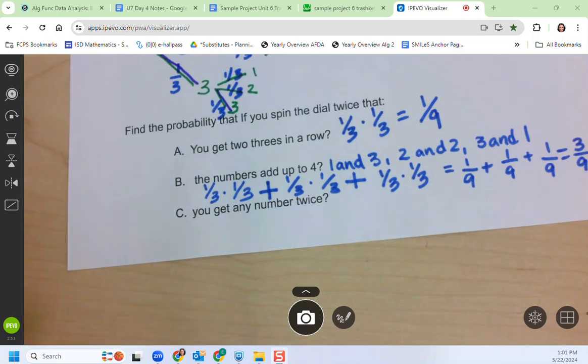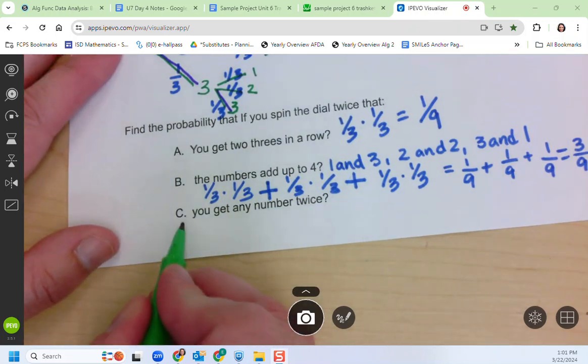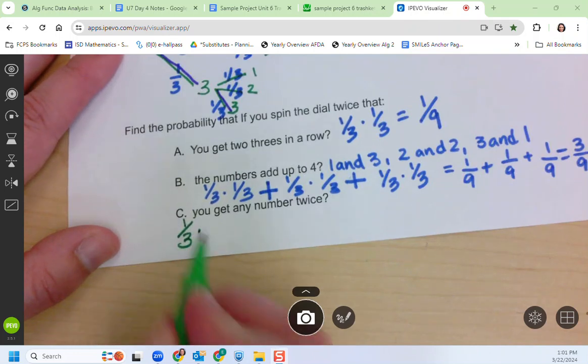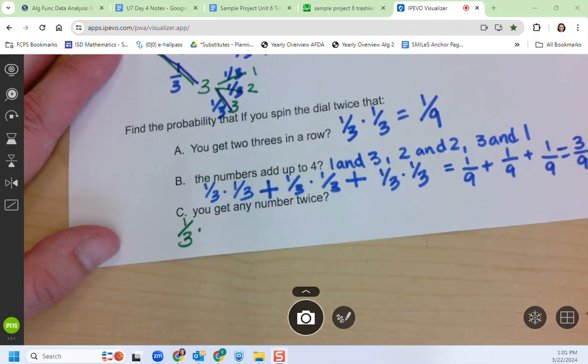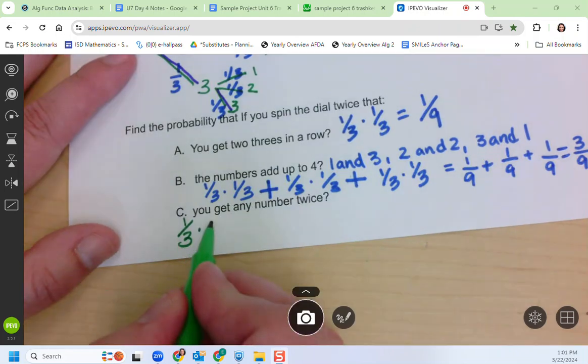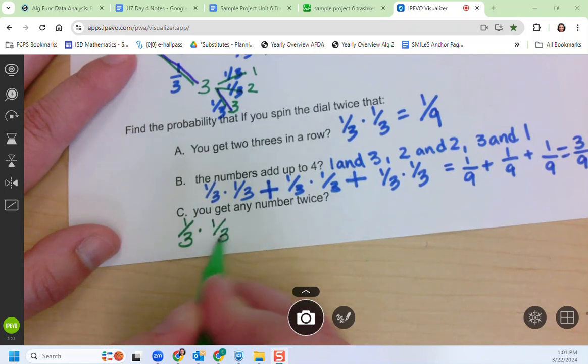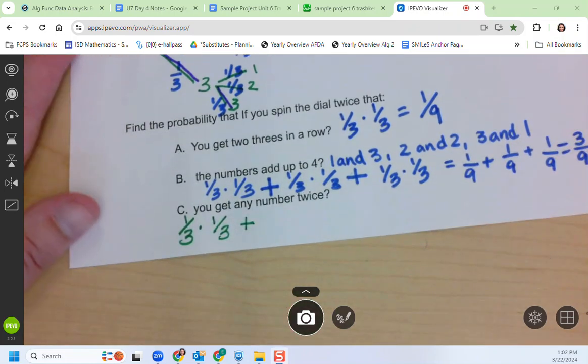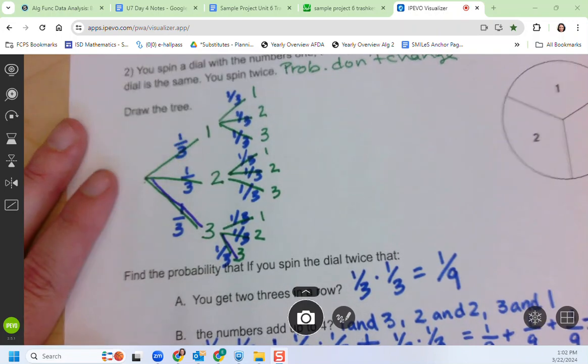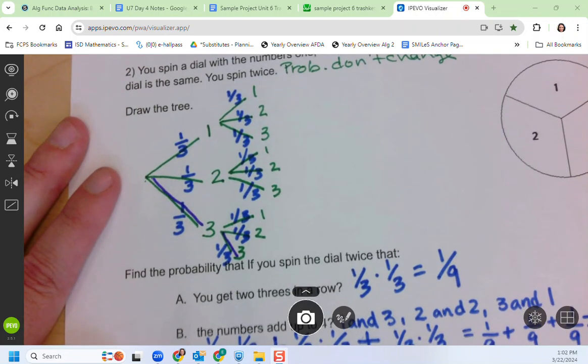The probability of getting a 1 is 1/3. And then the probability of getting another 1 is still what? 1/3, yep. Eric, what's the probability of getting a 2? What fraction is the only fraction we see on here? 1/3.